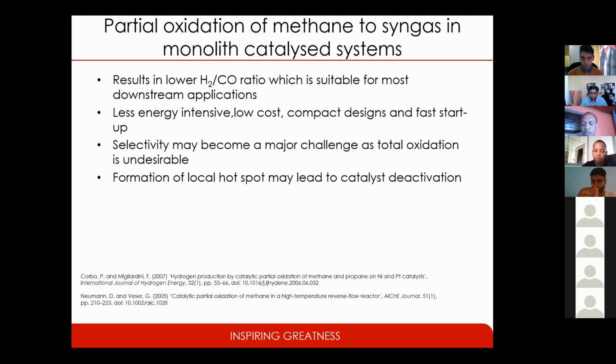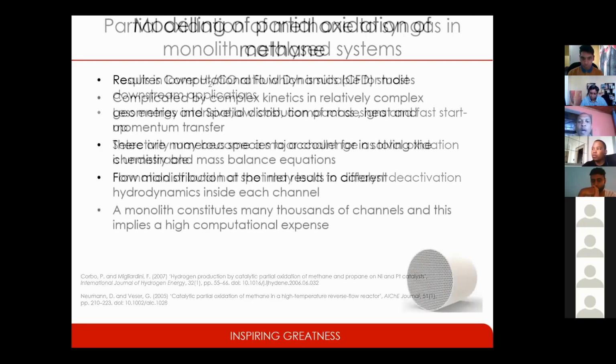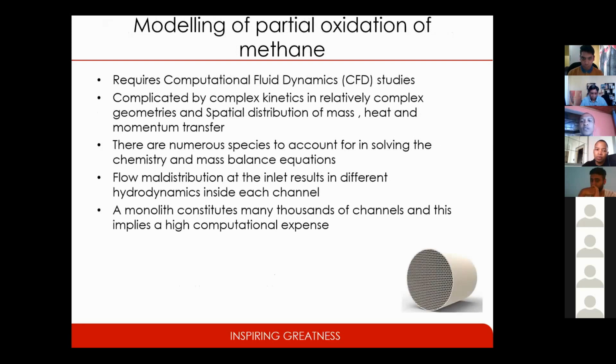Now, when it comes to the modeling work of partial oxidation of methane in monolith reactors, it requires computational fluid dynamics studies. And we know that CFD is basically the solution of Navier-Stokes equations in digital computers.